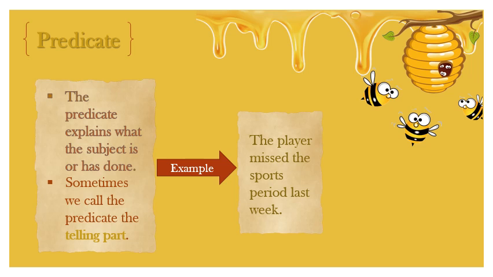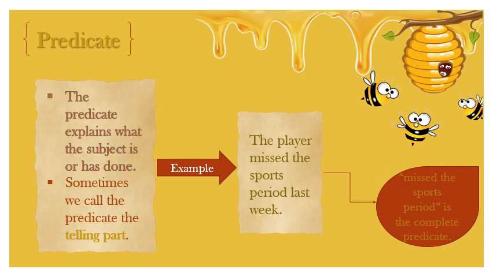All of the words in this part, missed the sports period last week, we call the complete predicate. All the words after the subject till the end of the sentence are the complete predicate. And you might say that we have missed the verb. Yes, the complete predicate starts with the verb.